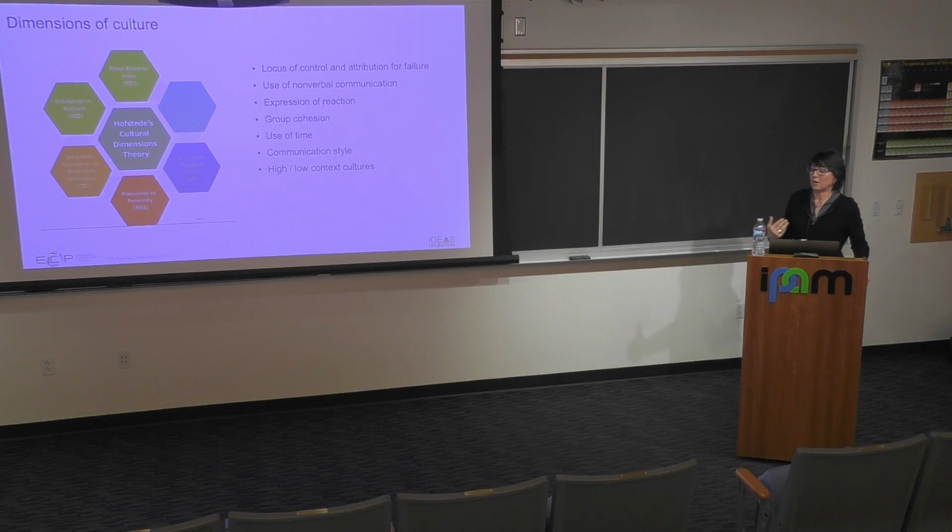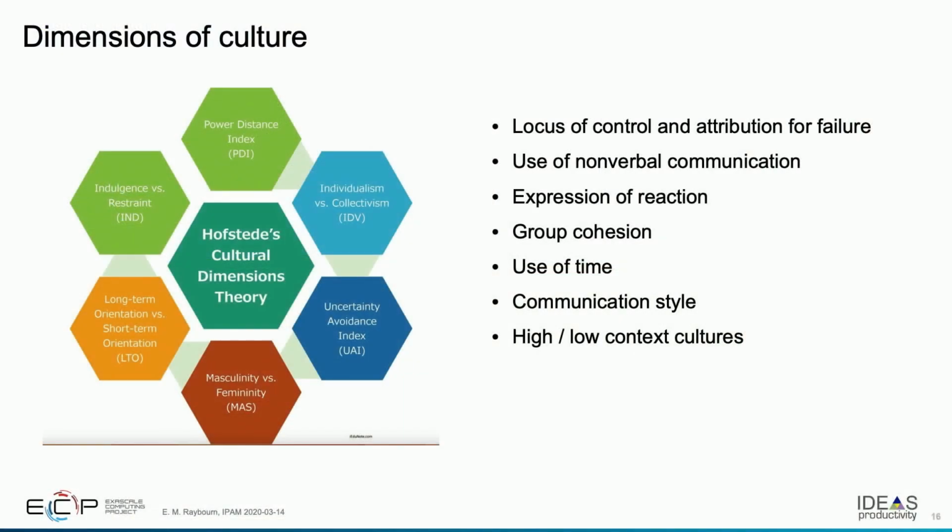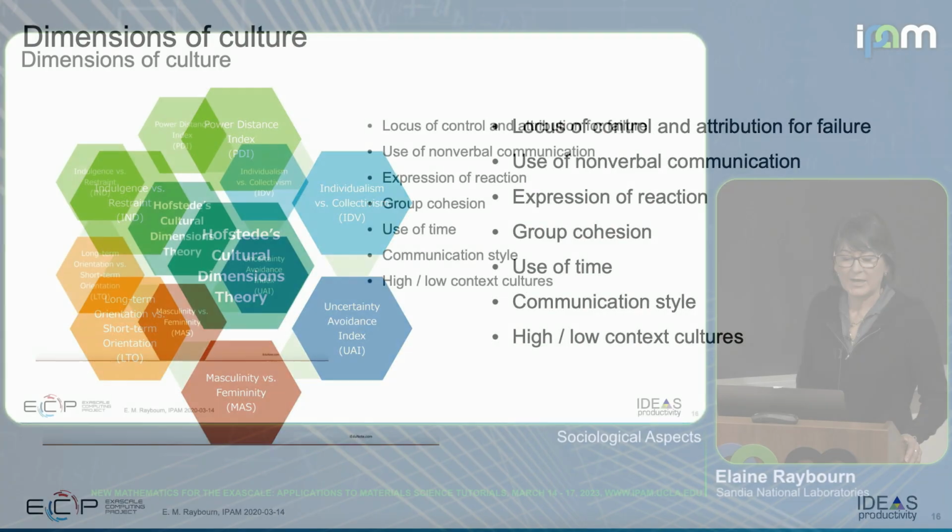Collectivists use more we statements, seeing oneself as part of a group. And uncertainty avoidance is how comfortable one feels with ambiguity and with the need to reduce ambiguity. Masculinity and femininity is not necessarily gender. It's really about whether one's egalitarian, that's on one side of the spectrum, and then more authoritarian on the other.